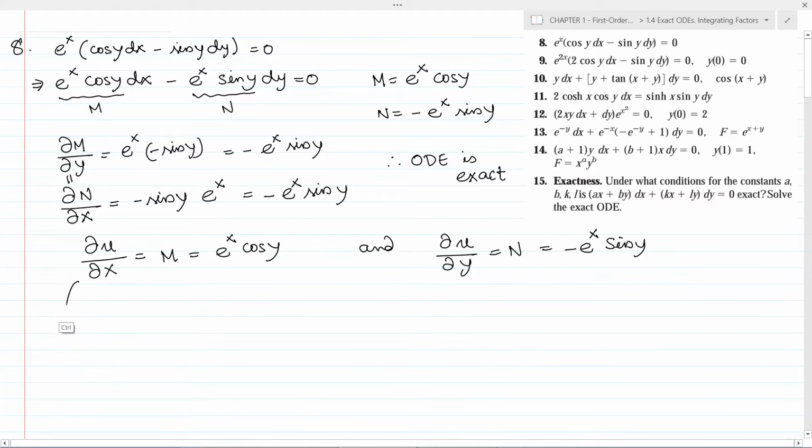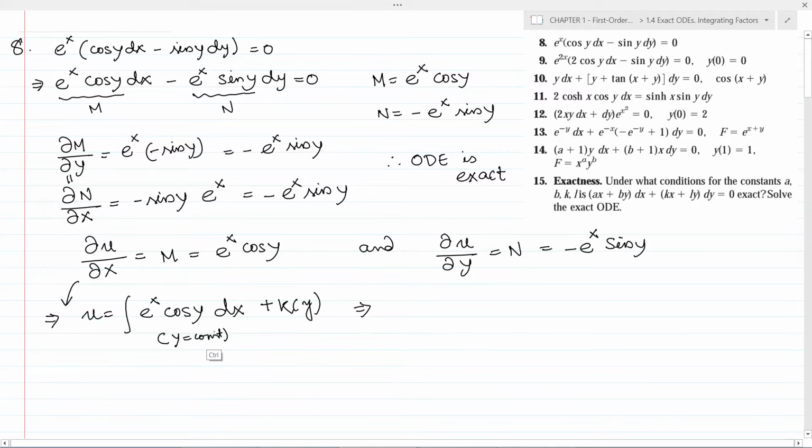From the first equation we can write u equal to integration of e to the power x cos y dx, assuming y equal to constant, plus k of y.